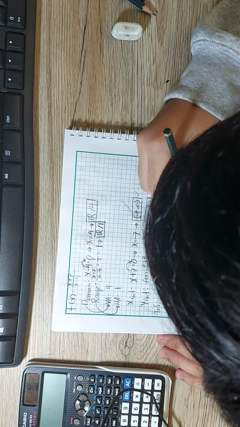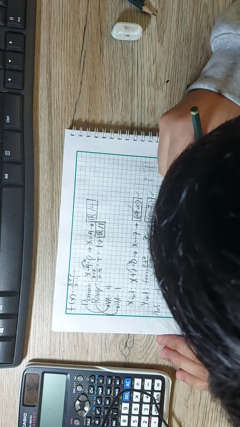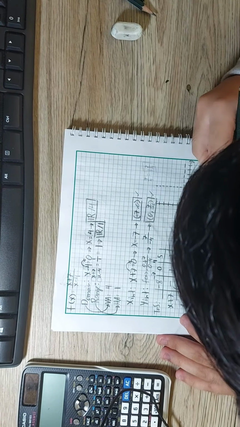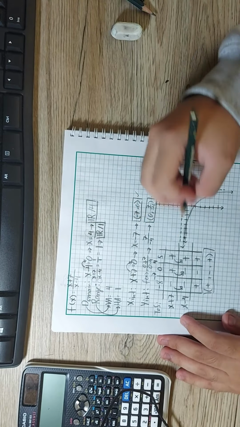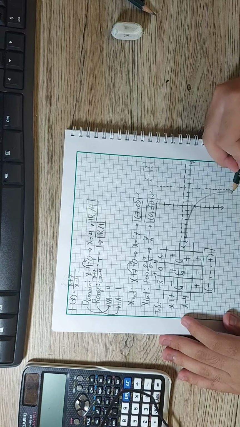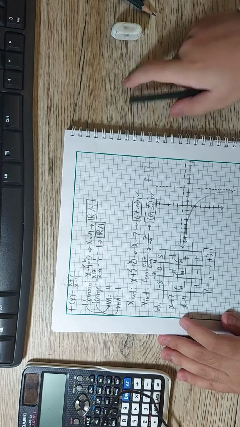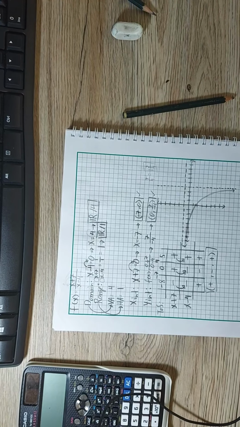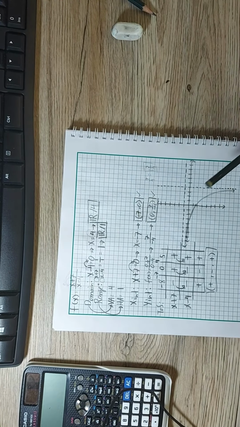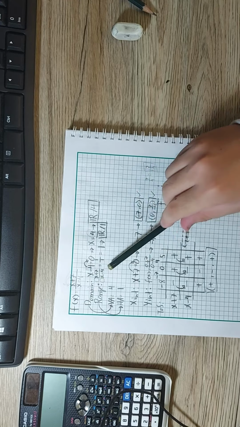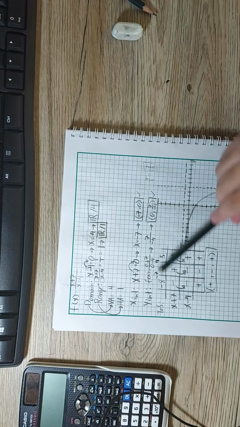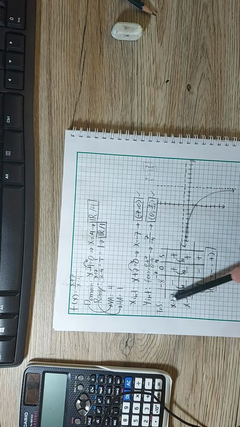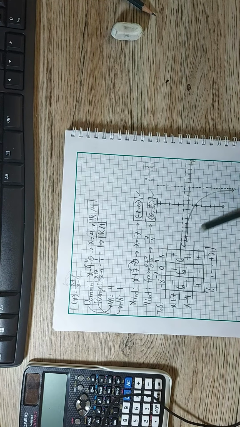Just make sure it does not touch the horizontal and vertical lines. So now that's it. That is how you get the domain and range of the function, the vertical and horizontal asymptotes, the x-intercept, the y-intercept, the table of signs, and the graph itself.